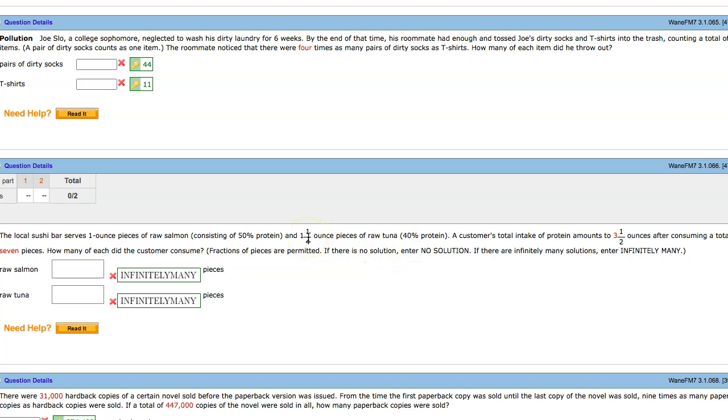If you divide 40% by 1.25, what will you get? With the tuna, you don't get as much mileage because you have to divide 40 by 1.25. The 1 ounce of salmon will give you 50. Here, 1.25 would just give you 40.